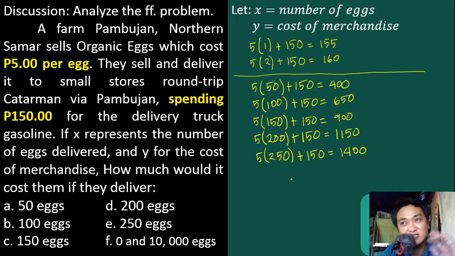So, ang laban lang nila diyan sa negosyo nila, yung distance. Yung from Pambuhan to Katarman, ganun. So let's say 0, pwede ba yun? 0, 5 times 0 plus 150, meaning walang laman yung truck.